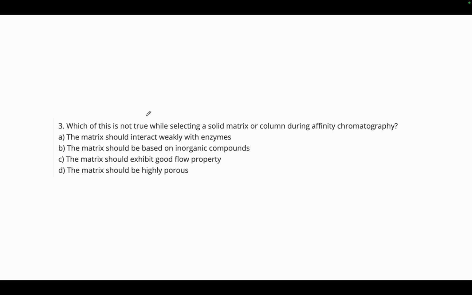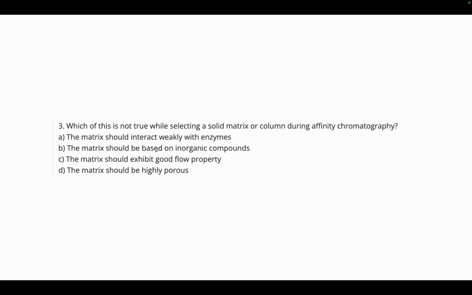Okay, which of these is not true when selecting a solid matrix or column during affinity chromatography? The matrix should interact weakly with enzymes. Yes, of course. The matrix should be based on inorganic compounds. This is not necessary. We can have matrix based on organic compounds also. Like Sepharose is cross-linked agarose.